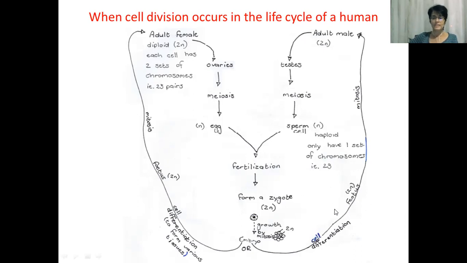So that's when you start seeing the very early fetus, and then the fetus grows and more cells are produced by mitosis, and eventually you get the later stage fetus, and eventually that fetus emerges as the baby, which then grows into a child, an adolescent, and into an adult male or female. All right, so that's where mitosis and meiosis fits into the life cycle of an organism.